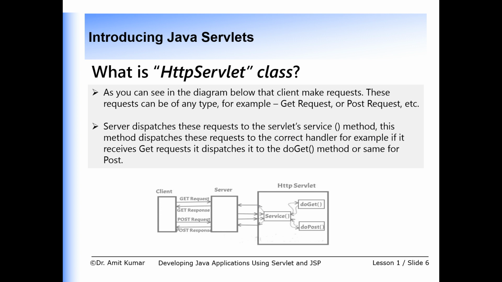This method dispatches the requests to the correct handler. For example, if it receives a GET request, it dispatches it to the doGet method, or if it receives a POST request, it dispatches it to the doPost method. The service method does everything; this is the job of the service method. So this is the working process of the HttpServlet class.